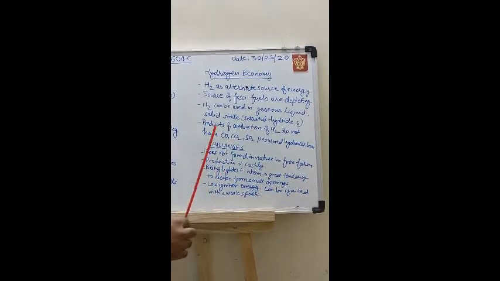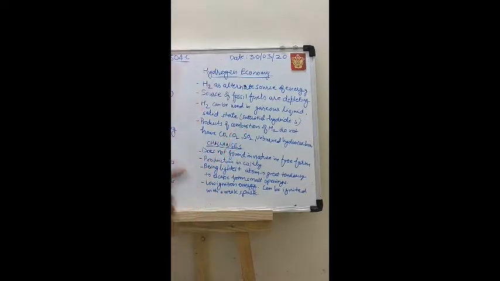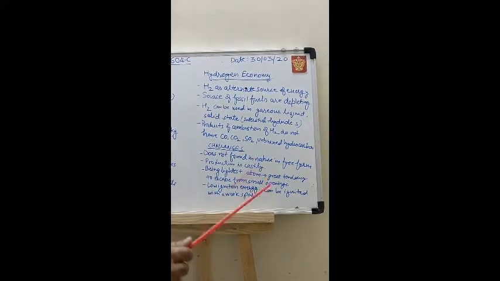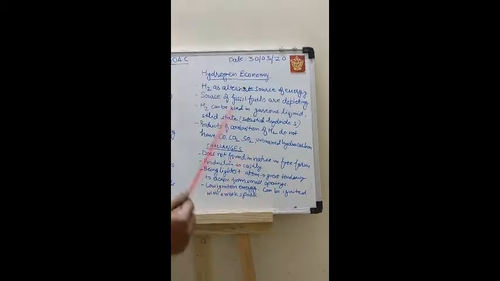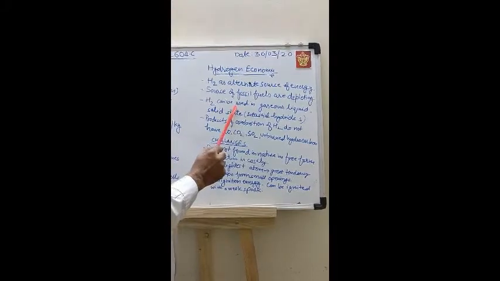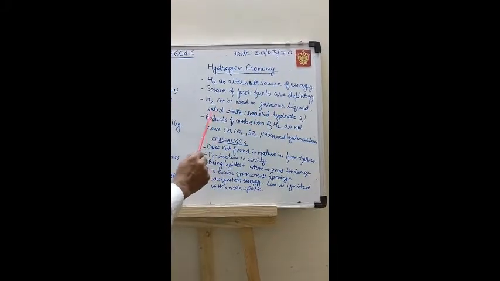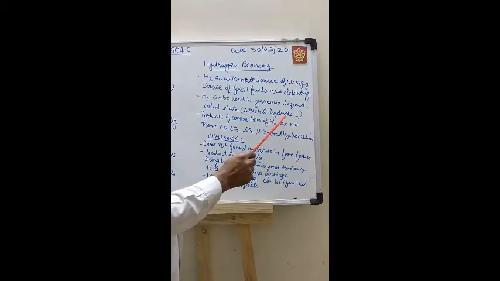That's why scientists are considering hydrogen as an alternate source of energy because of two reasons: its highest energy content and its clean energy. That means the products of hydrogen are environment friendly. Apart from that, hydrogen is available in gaseous form, liquid form, and it can be made available in solid state also, that means interstitial hydrides.